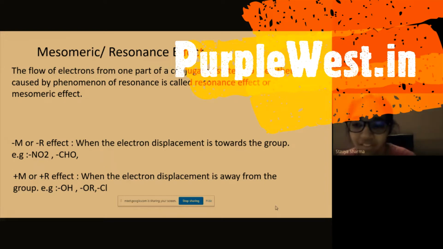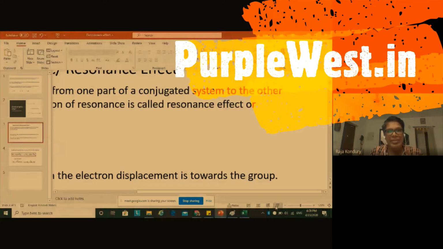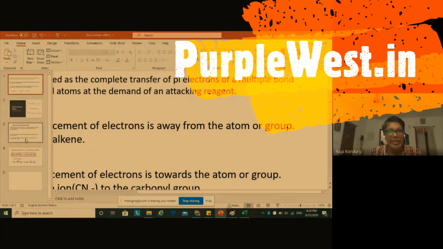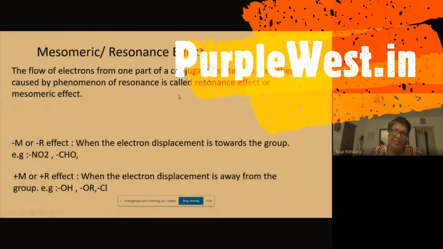If you have a conjugated system, remember that the electrons we are talking about are not categorically pi electrons. In the last case I had mentioned pi electrons and made this correction, but here I am not saying pi electrons because these electrons may not be pi electrons.